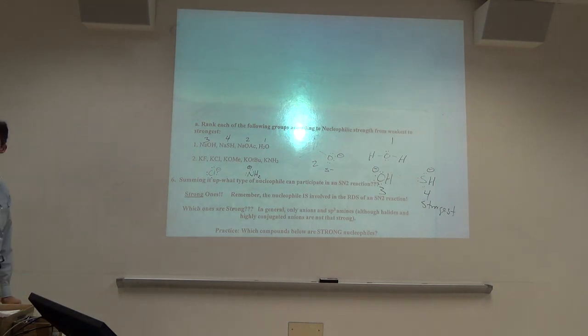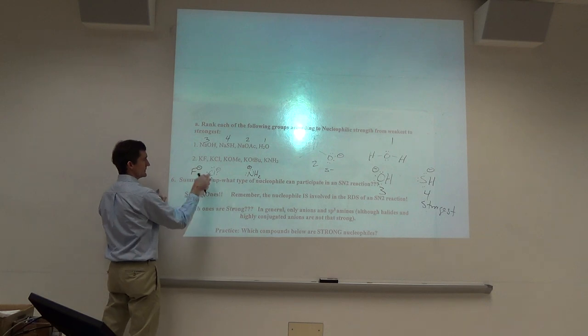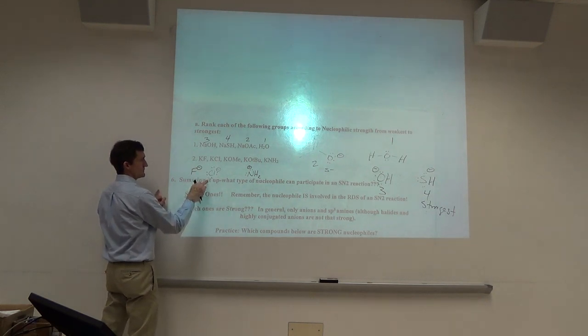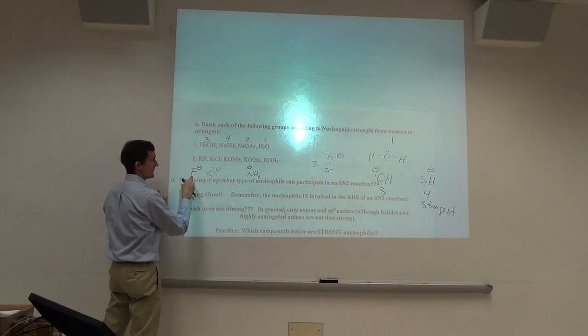I'm looking at size. Yeah, but size is only important when you're going straight down a group. Which is stronger nucleophile, Cl minus or F minus? Cl minus is stronger than that.